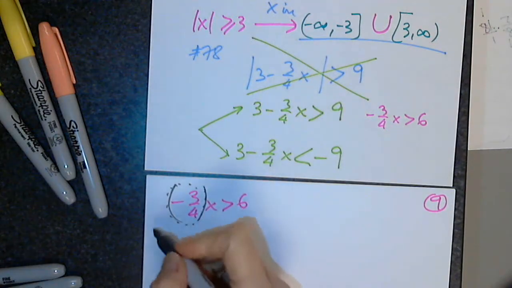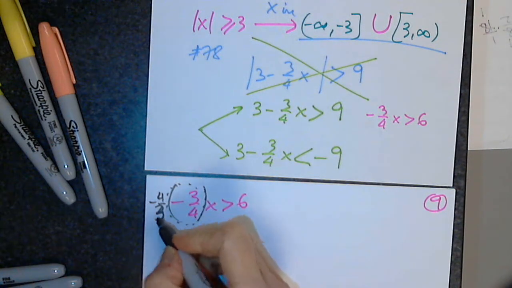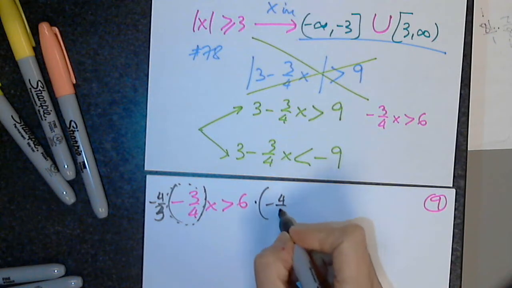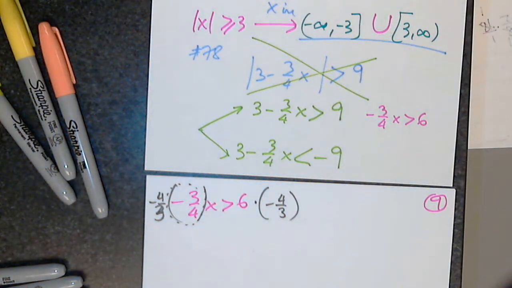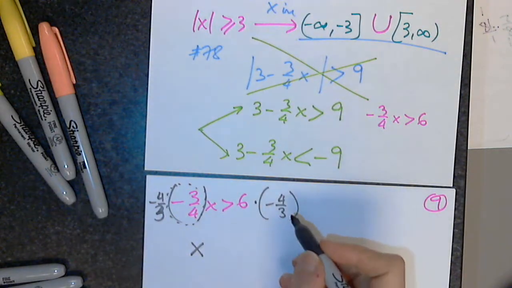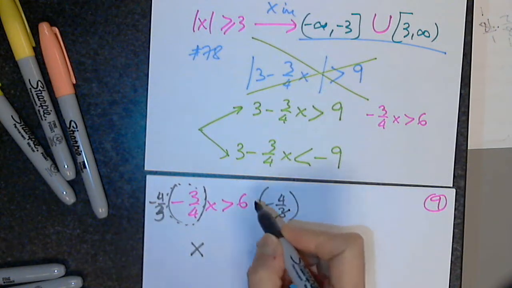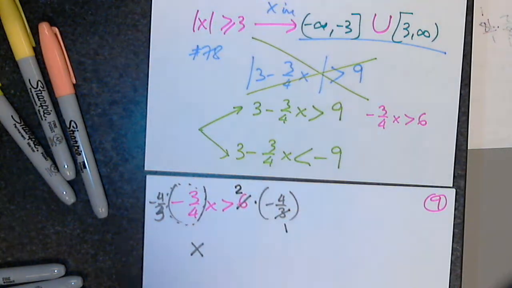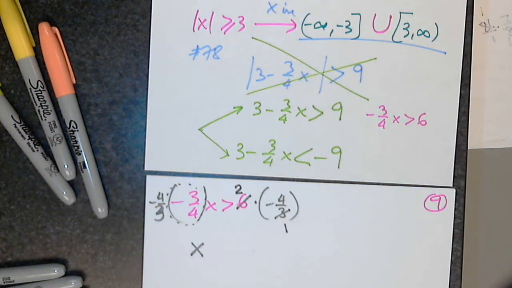Yes. So we multiply this side by negative 4/3, and we multiply this side by negative 4/3. What do we get on the left? Awesome. What do we get on the right? I recommend simplify by 3 first. Always simplify before you multiply. Good.